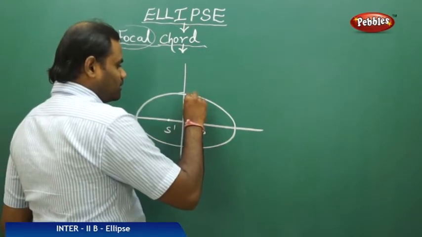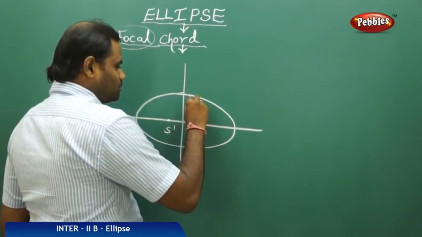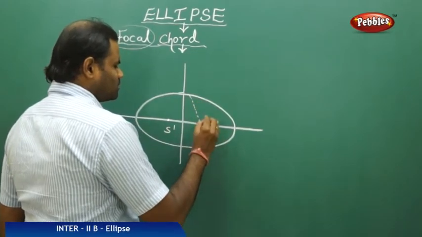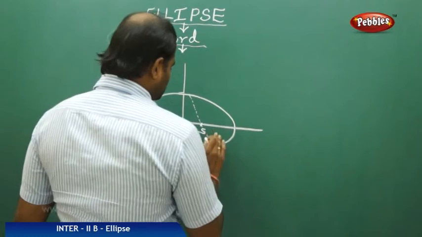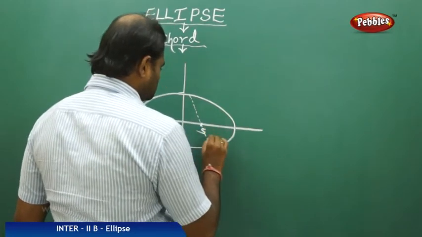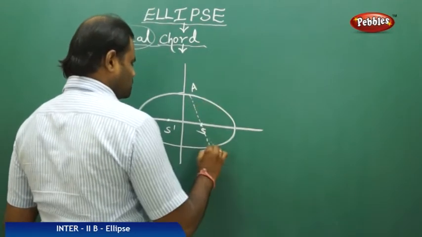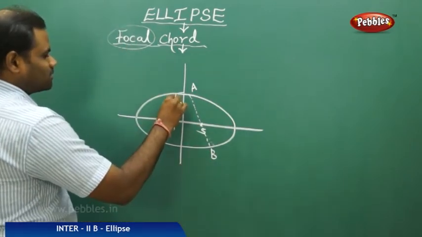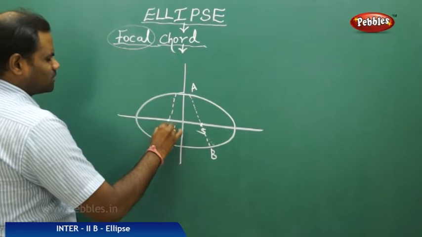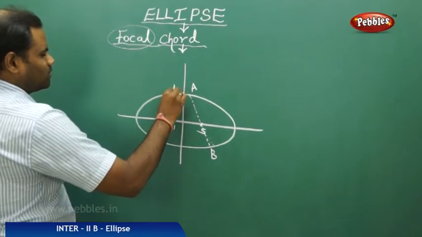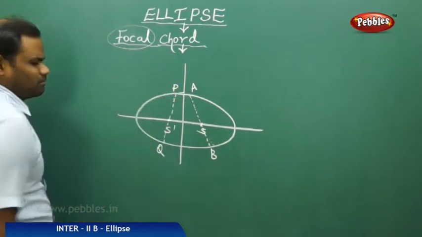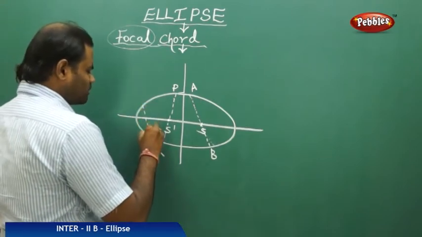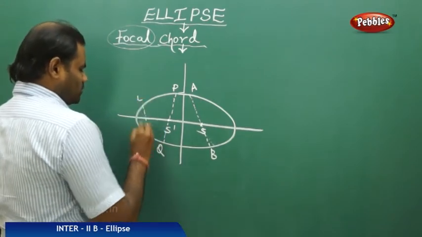So for example, if I have a line segment which is passing through this, and there's another line segment which is passing through this one, and there's another line segment which is not passing through the focus.